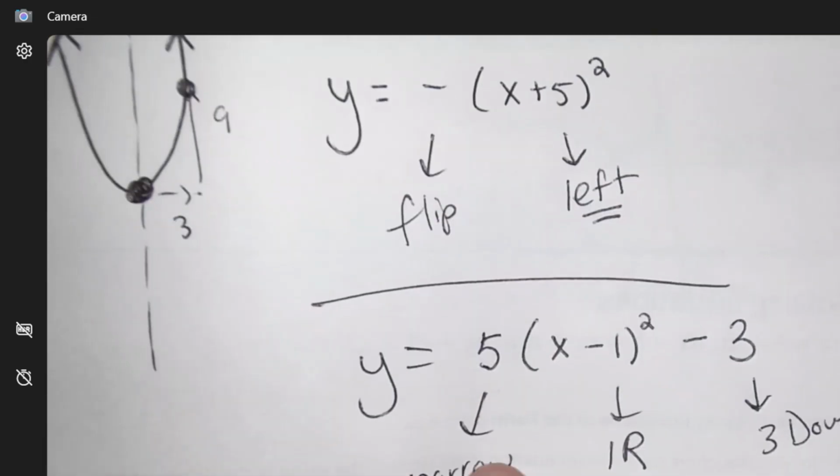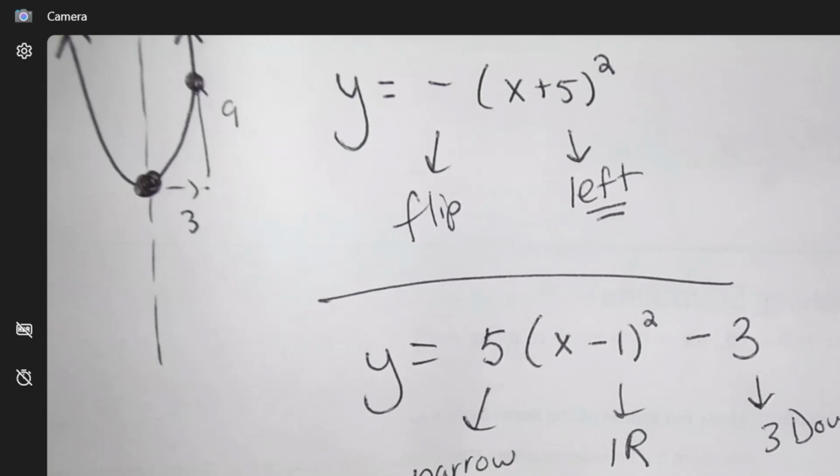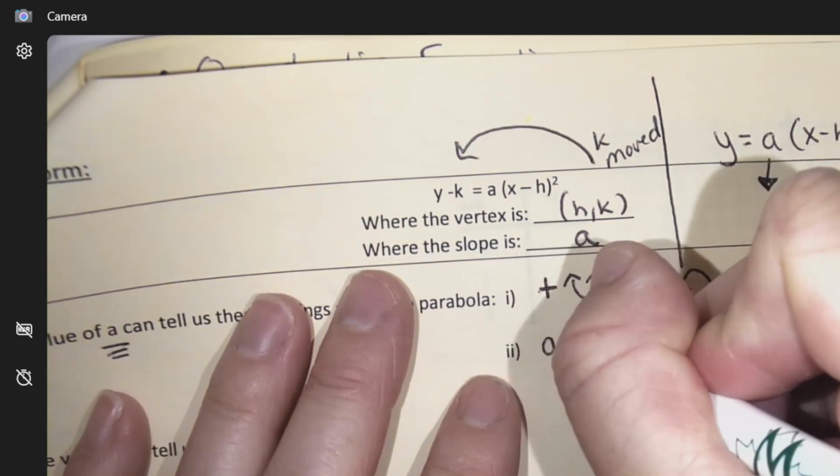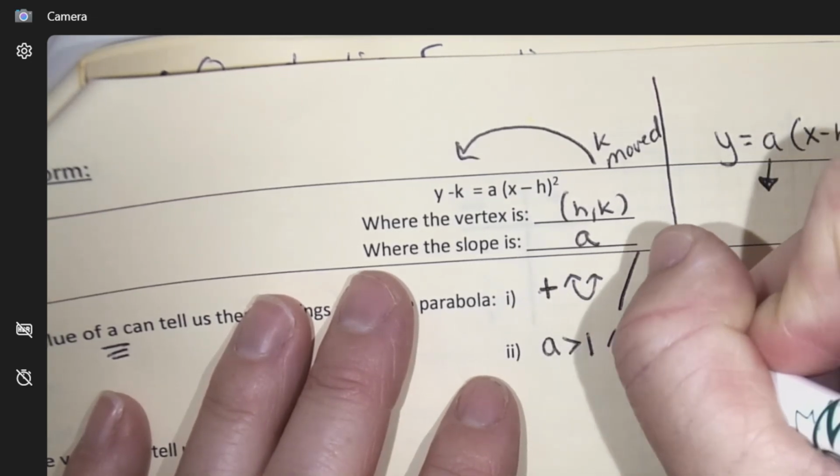And then do you remember, we just did this example. If A was 5, and you told me it narrowed it, so it's going to tell me about these arms. So where should I kind of place these arms? So if A is bigger than 1, it got narrowed.